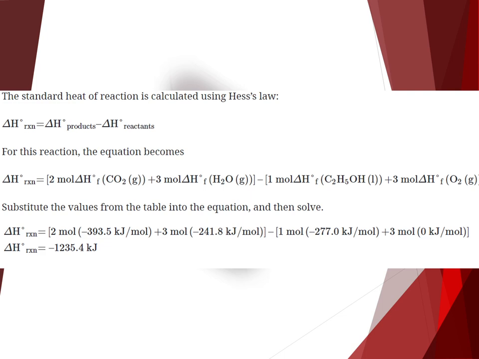Now, you will be looking up these values, right, these delta H's, from a table. They are not to be memorized. So we can simply substitute in the values from those tables into the equations and then solve using a calculator. Now, if you use your order of operations correctly, in this particular example, you have a final answer of negative 1,235.4 kilojoules.